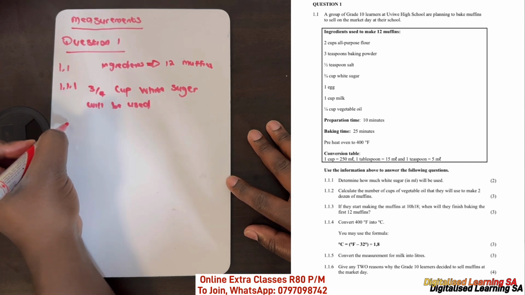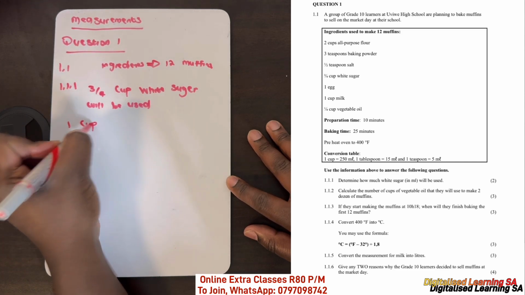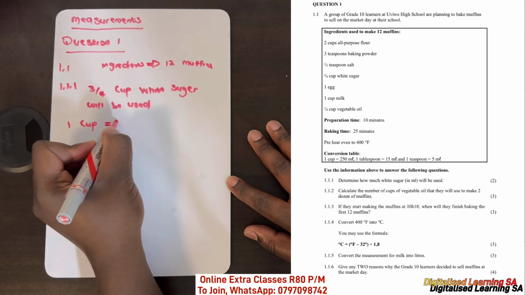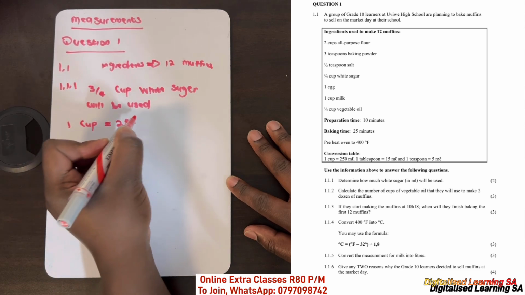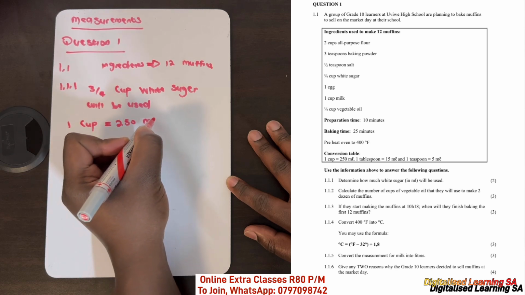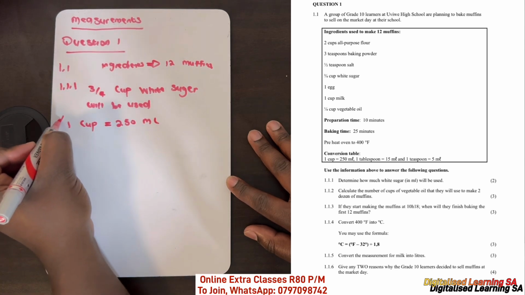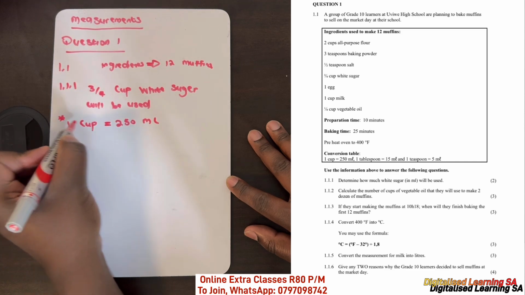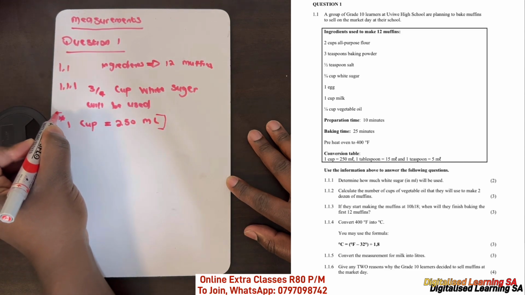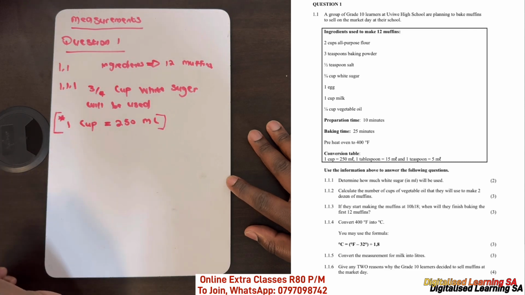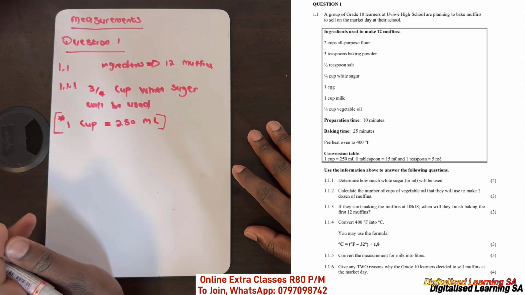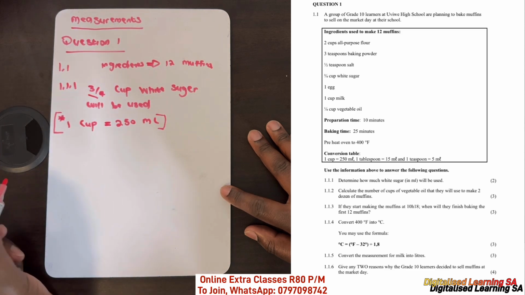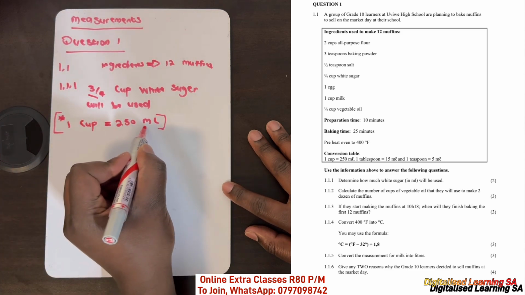We are also told that 1 cup is equal to 250 milliliters. This is very important, guys. It is given on the conversion table, and it is what we are going to use to convert our white sugar into milliliters.